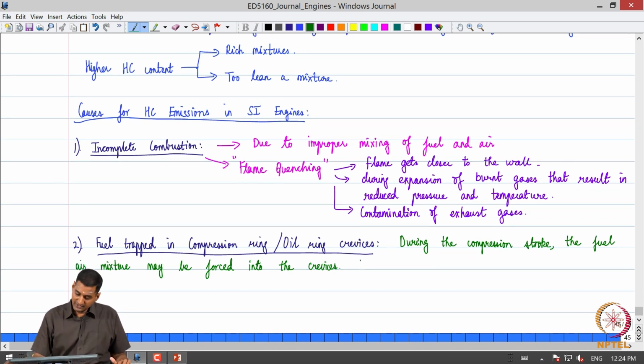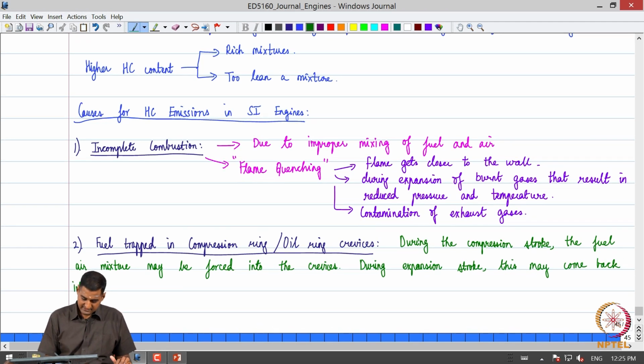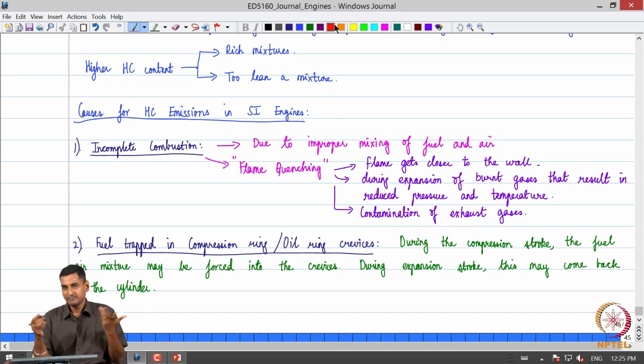During the expansion stroke, this may come back into the cylinder, and this can potentially increase unburned hydrocarbons. This process is called reverse blow by.